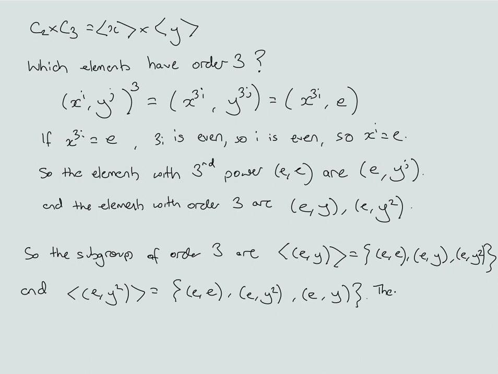These are equal. So actually there's a unique subgroup of order 3, just like there was a unique subgroup of order 2. So there's a unique subgroup, the cyclic subgroup generated by (e,y) of order 3.